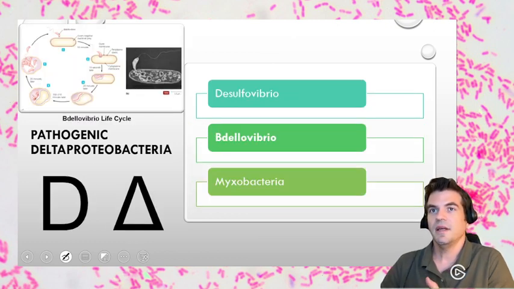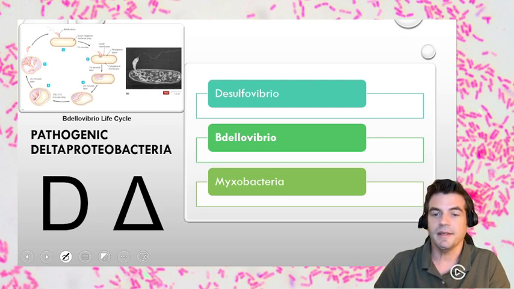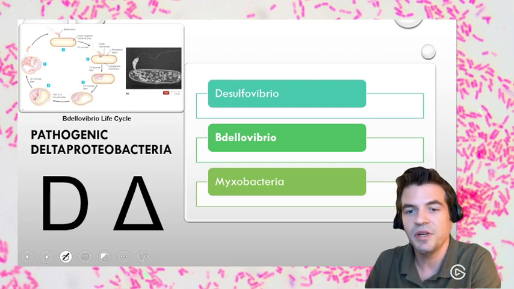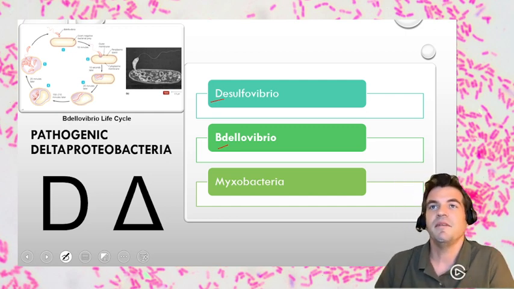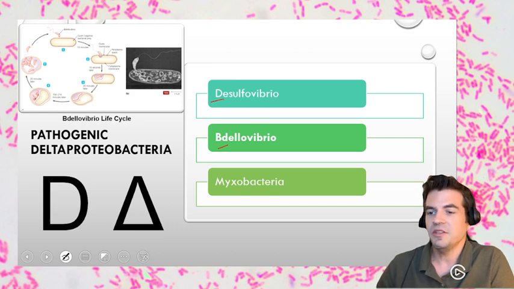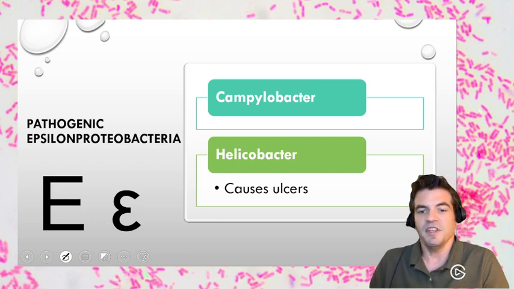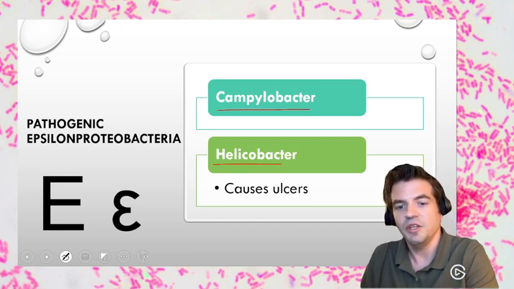Delta proteobacteria are also fun to memorize because we have these D's just randomly put everywhere. Desulfovibrio and Bdellovibrio and Myxobacteria. Okay. Campylobacter and Helicobacter.